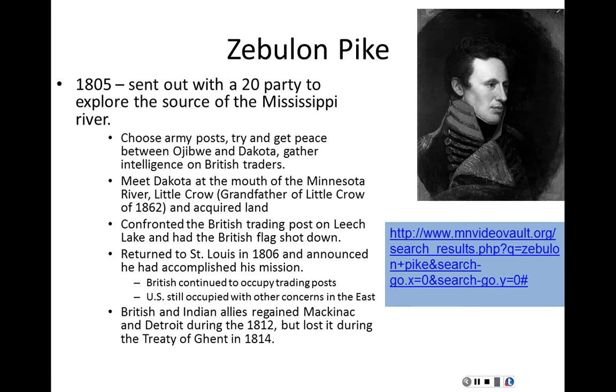He'll meet at the mouth of the Minnesota River, and there he'll acquire land, and that land will become very important. So the 1805 purchase of the land that will eventually become Fort Snelling will be really a turning point in the United States gaining control of Minnesota, because when we get to the part with Fort Snelling, you'll see why it basically sits at the intersection of the two greatest highways and very close to the third rivers into the state.